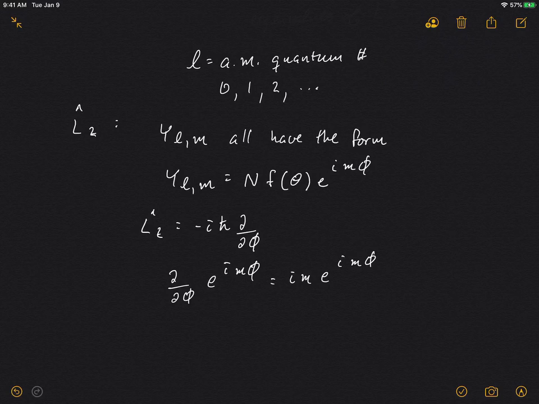And again, i here is the square root of minus 1, indicating this is an imaginary argument in the exponential.